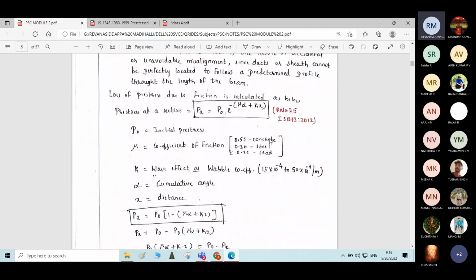Here we have one relation: Px is equal to P naught into e power minus mu alpha plus Kx. We will utilize this equation. This equation is given in the code book.